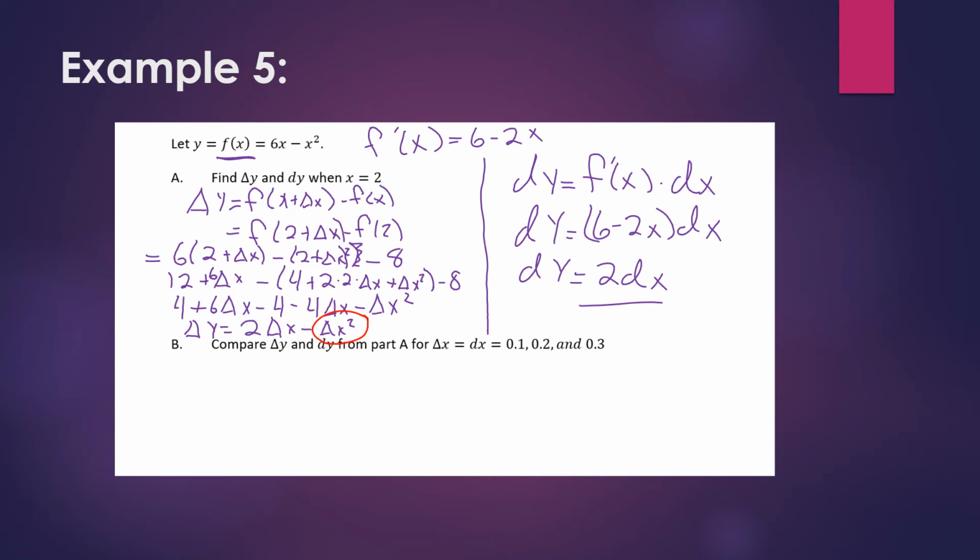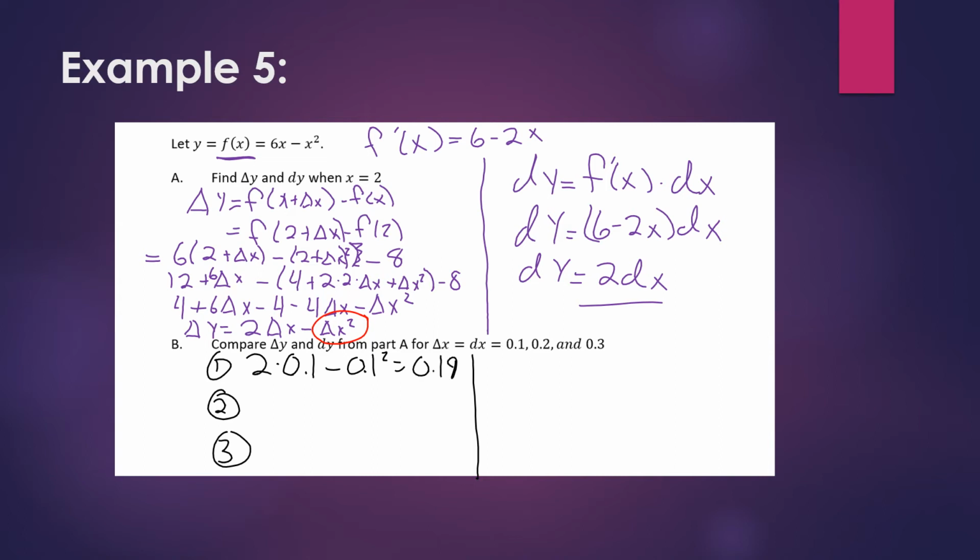So let's actually plug in some values and see what we get. So they say compute delta y and dy if delta x is 0.1, 0.2, and 0.3. So we're going to get 3 different answers. So if I plug in 0.1, I'm going to get 2 times 0.1 minus 0.1 squared, and that is going to be 0.19.